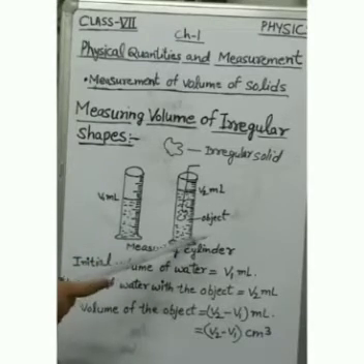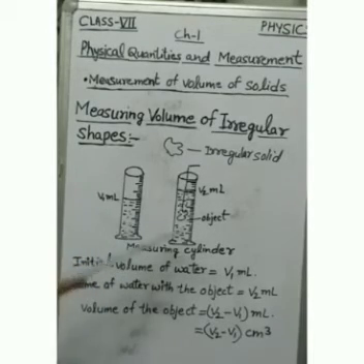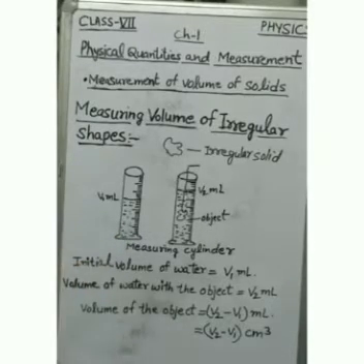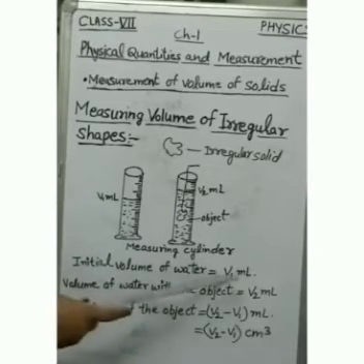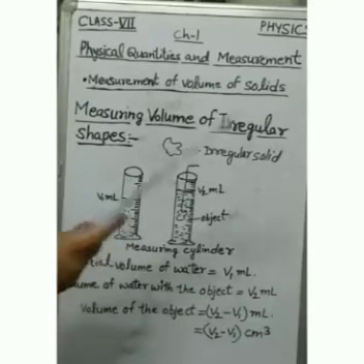Now we see that water level is changed. Let the volume of water with the object be V2 milliliter. Initial volume of water was V1 milliliter, and now the volume of water with the object is V2 milliliter.